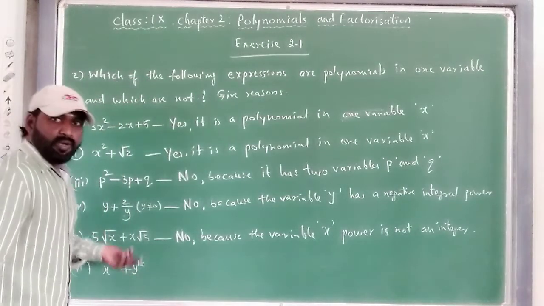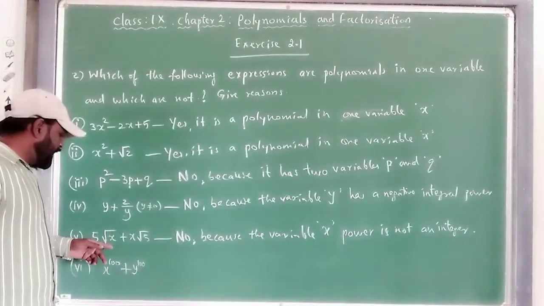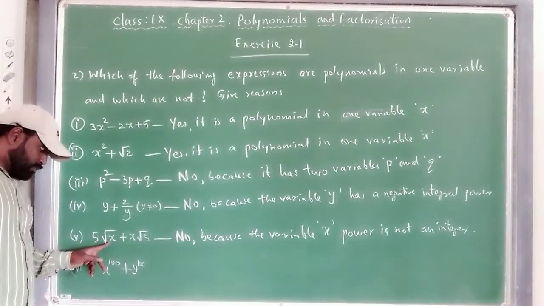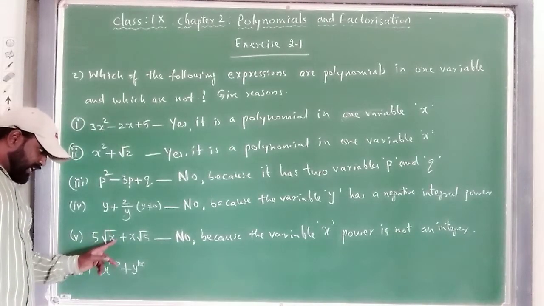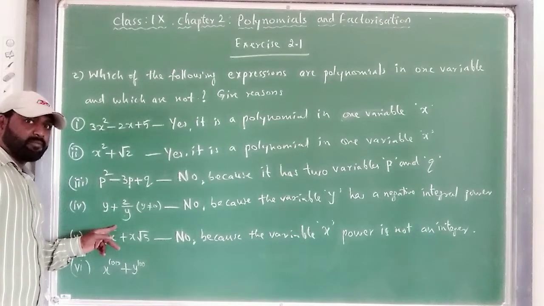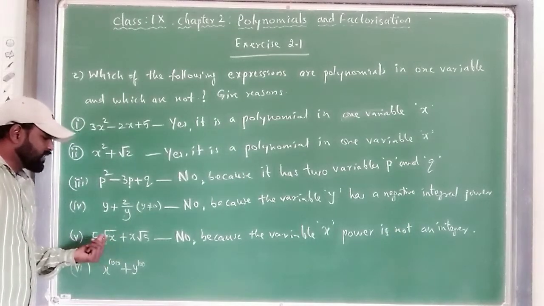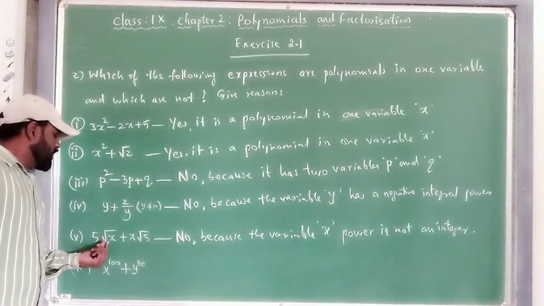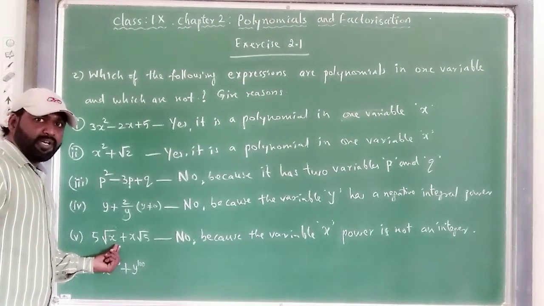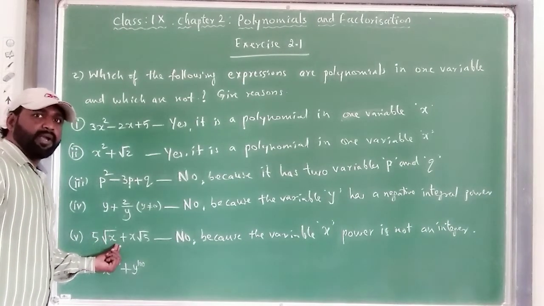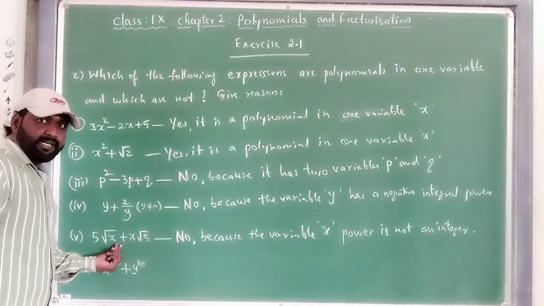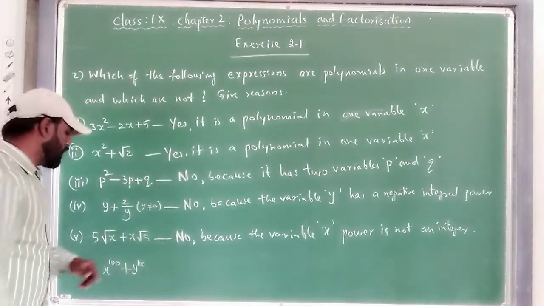Where did 1 by 2 come from? Here the exponent of this x is 1 by 2. How did we get that 1 by 2? Because the variable is inside the square root. This square root, if you write in the exponential form, becomes x to the power of 1 by 2. That 1 by 2 is not an integer. That is why it is not a polynomial.